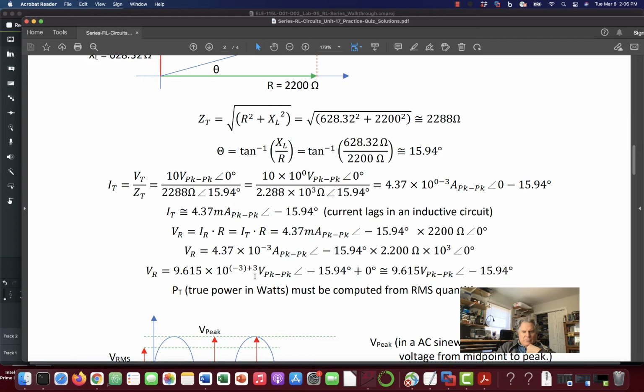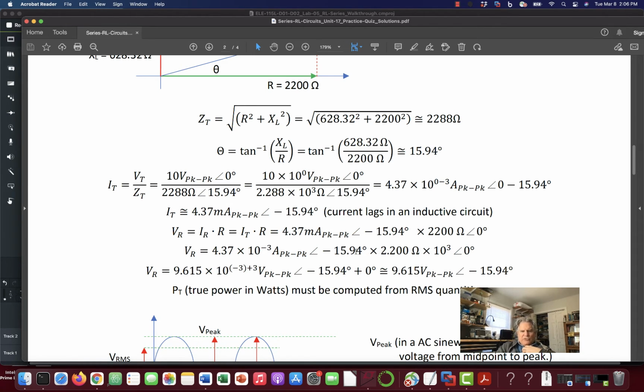There's the minus 3 and the plus 3, they're going to cancel out, at minus 15.94 degrees plus 0 degrees, and so basically we get 9.615 volts peak to peak at minus 15.94 degrees.